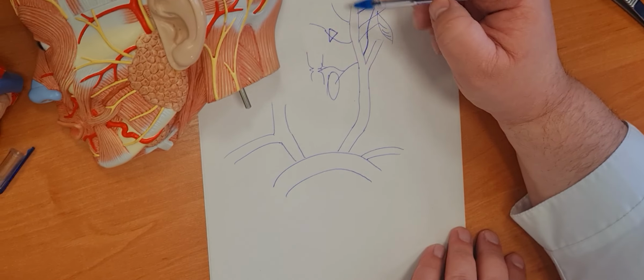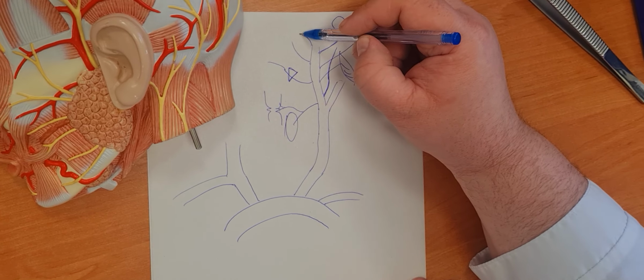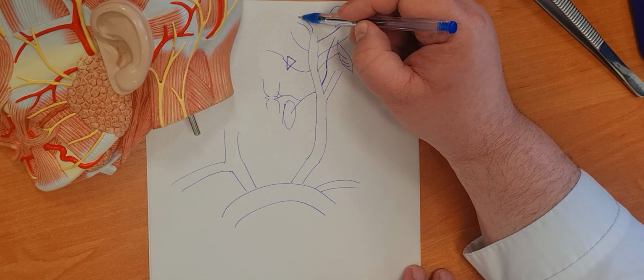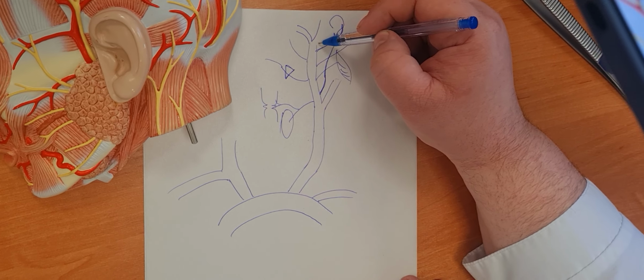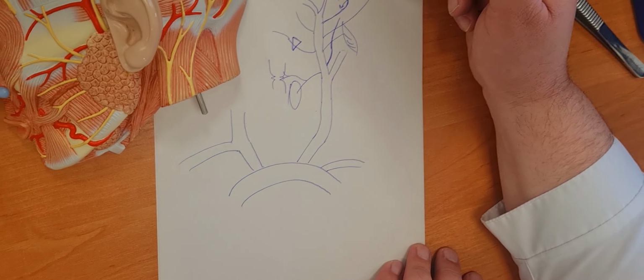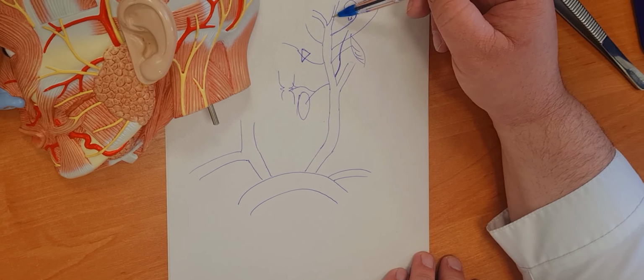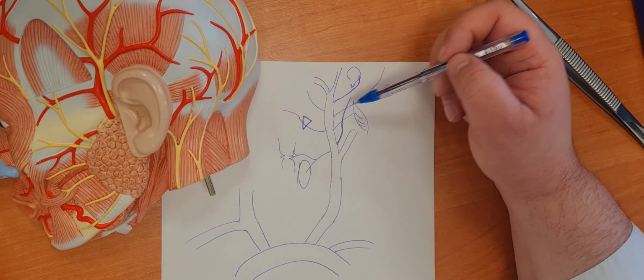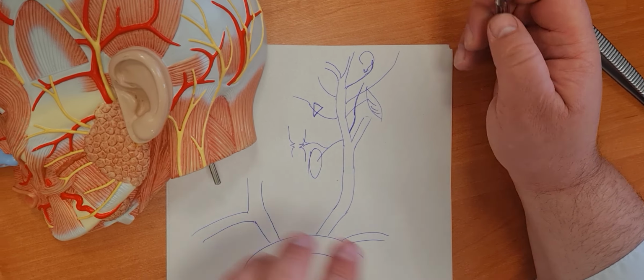And the last two branches, they are arteria maxillaris and arteria temporalis superficialis. They are two terminal branches of the external carotid artery.